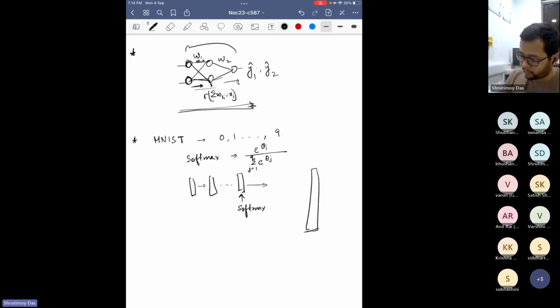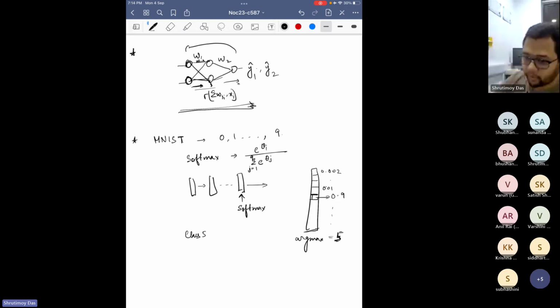Suppose your example is of class 5. Then your fifth class will have the highest probability, say 0.9, and the others will have lower probabilities, say 0.01, 0.002, and so on. When you take the argmax of this vector, you get that the class with the maximum probability is 5.